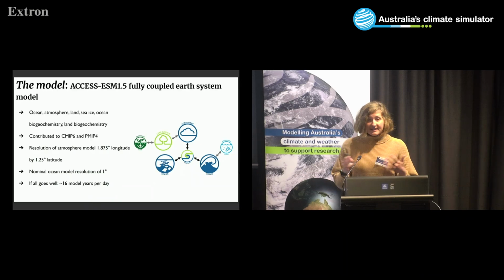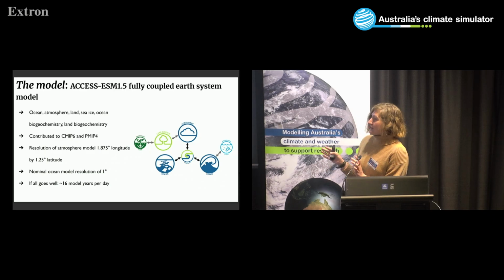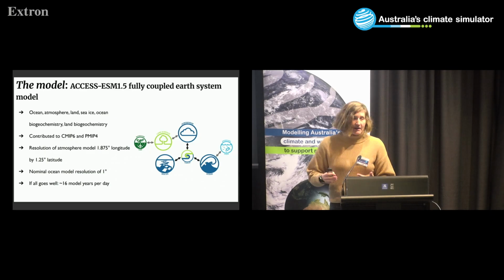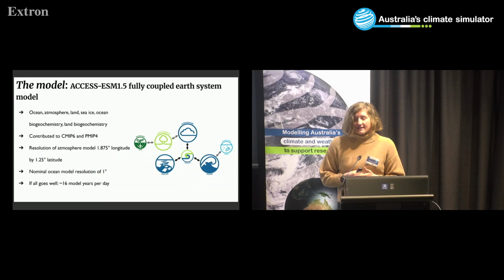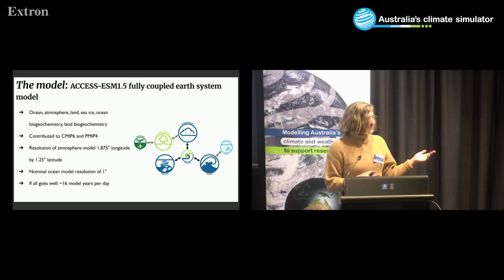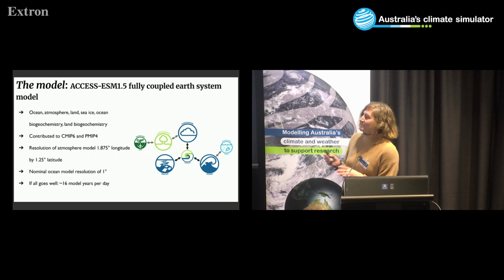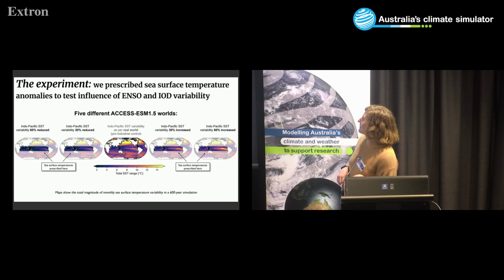That is, we can test this hypothesized link between ENSO and IOD variability and droughts in the mid-latitudes by running targeted climate model experiments. For this, we've used the ACCESS-ESM 1.5, a fully coupled earth system model that you've probably all heard about a lot. You can read all the details about it on the Hive.